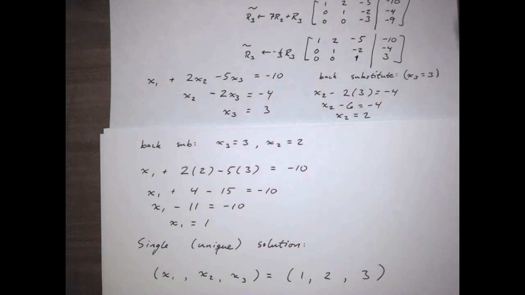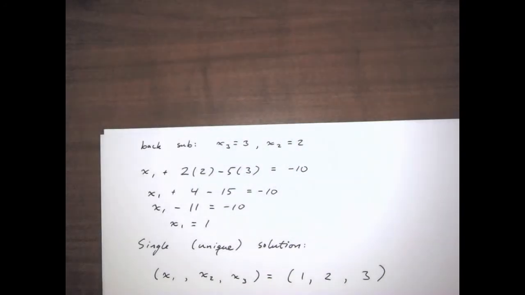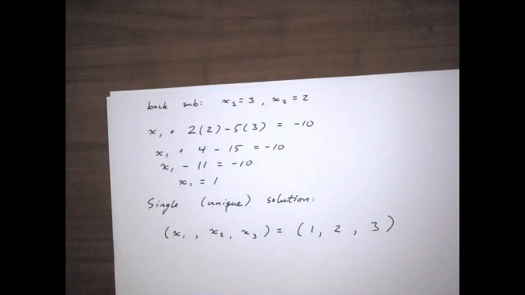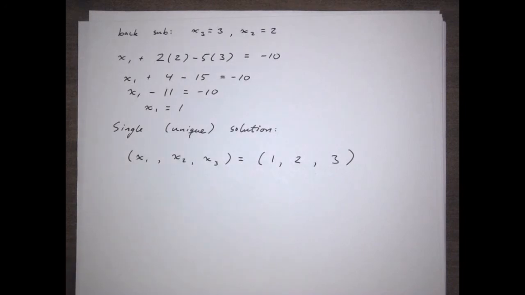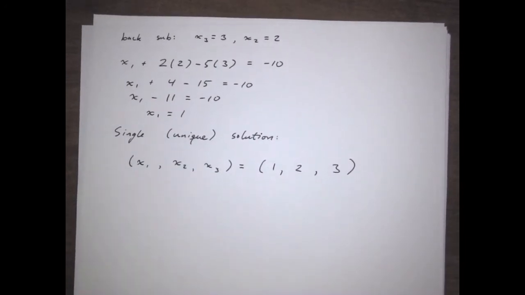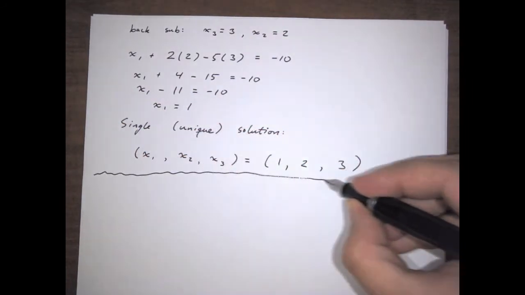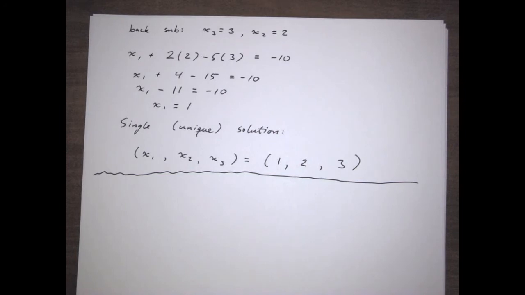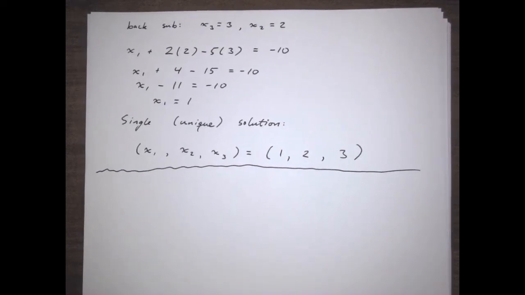Express them as ordered pairs if there's 2 of them, like the coordinates of a point, or if there's 3 of them, then you would do it as an ordered triple, as they say, which then makes a point in 3 dimensions instead of 2 dimensions. But this is where this example took us. We ended up with a single unique solution, and in fact we were able to say categorically what the value of x1 was, what the value of x2 was, and what the value of x3 was. So that was all very nice.